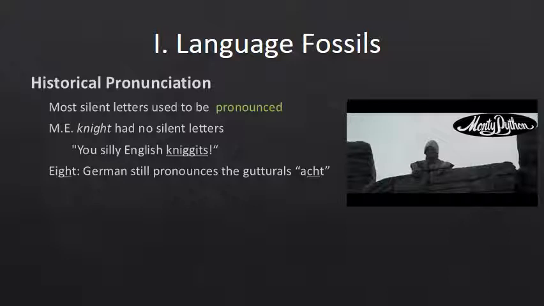So the German word for 8, which by the way is spelled E-I-G-H-T, oh, those tricky GHs, you never know what they're going to do. The German word for 8 is spelled A-C-H-T, with the CH where the GH is, and it's acht, where there's a guttural right in there. Why is that? Because 8 used to be pronounced with a guttural in the middle, too.